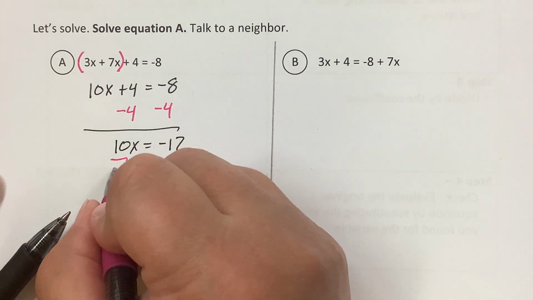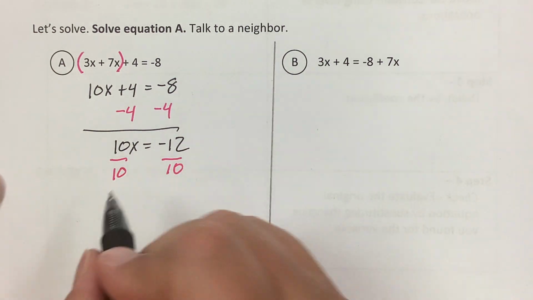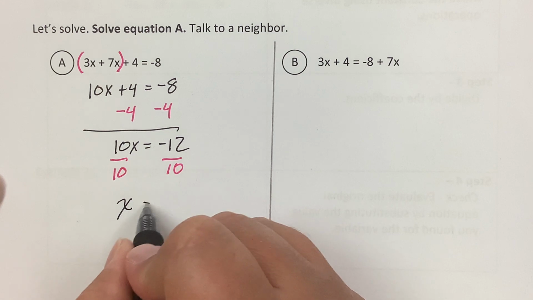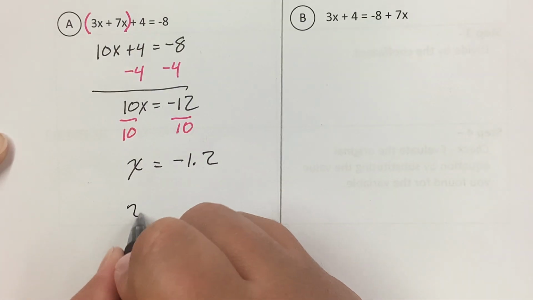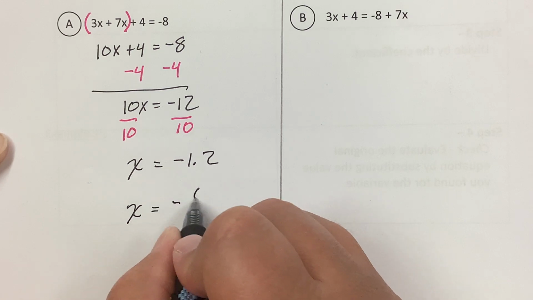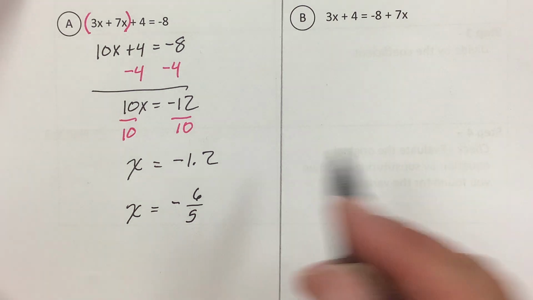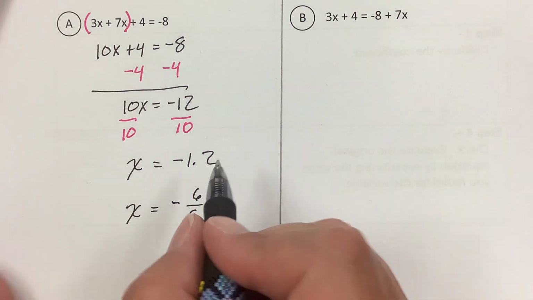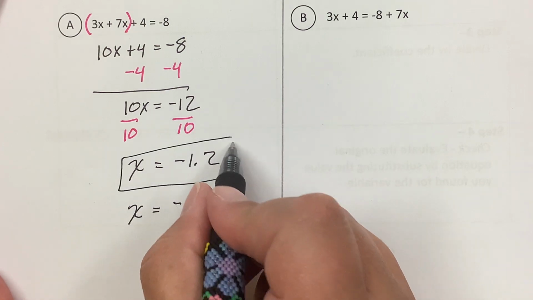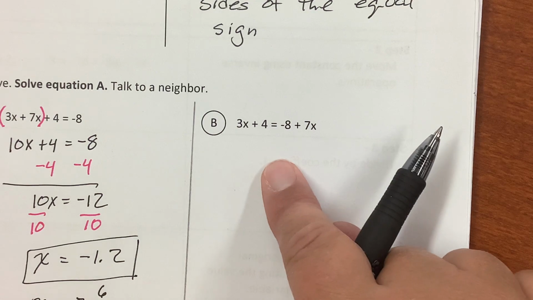Divide both sides by 10. And I'm going to get two different answers here. I'll get x equals negative 1 2/10, or x equals negative 6/5. Both of those are correct. It's okay. There you go. Beautiful.